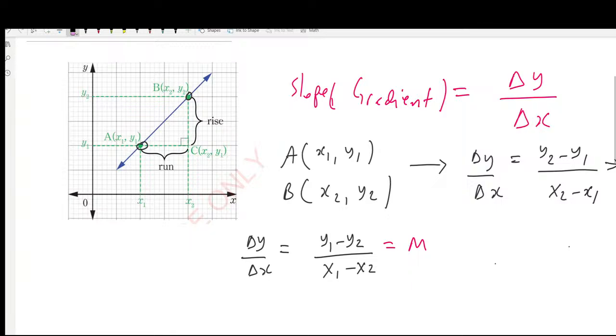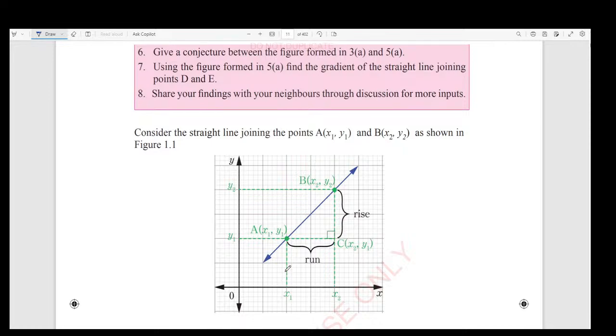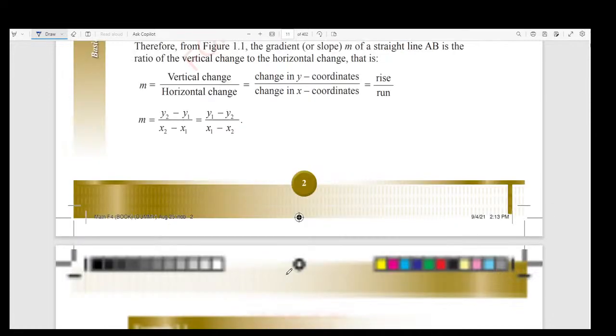Okay, so after we have seen the way we can calculate the slope, now you are even in position to find the slope of any line, as long as you are given 2 points. You can call these points point A and point B.